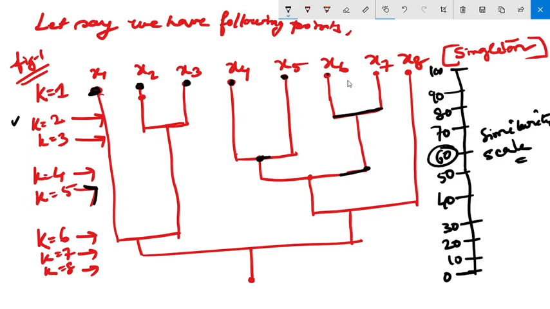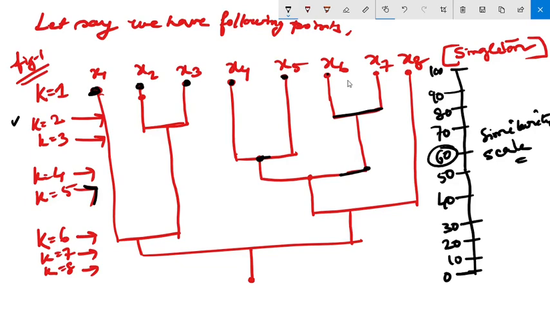Each point is highly similar to itself, and let us say x6 and x7 happen to be the most similar and are merged at level 2.